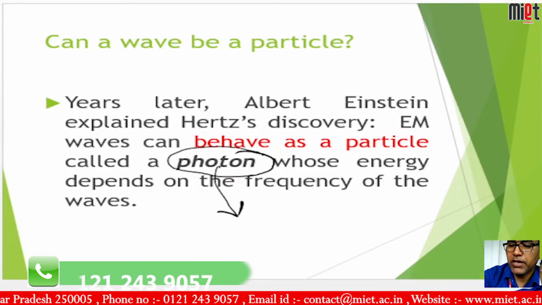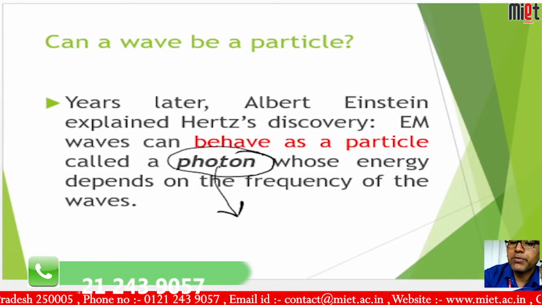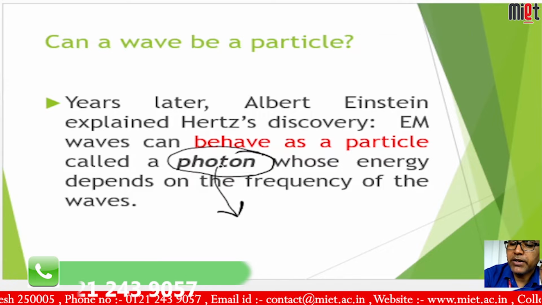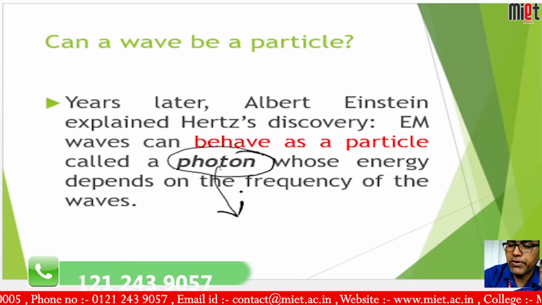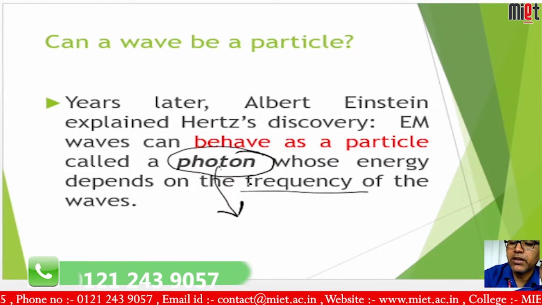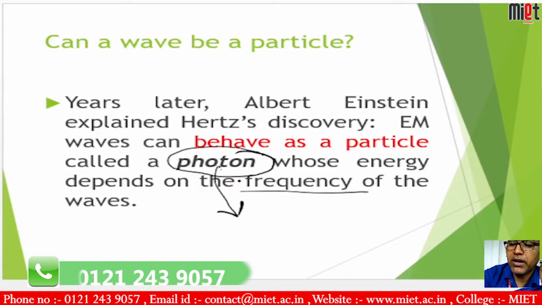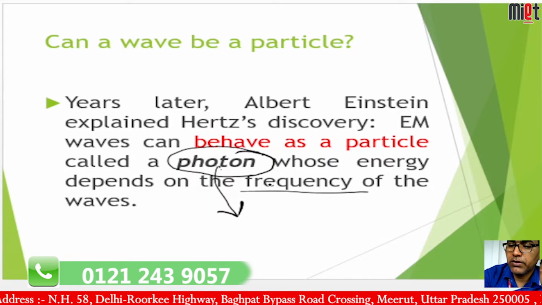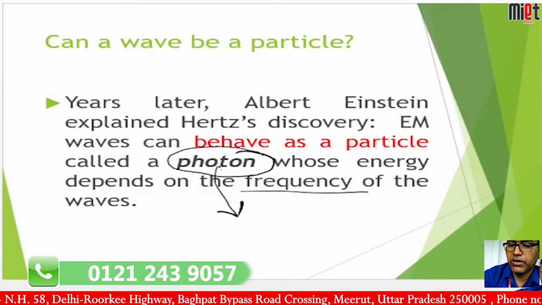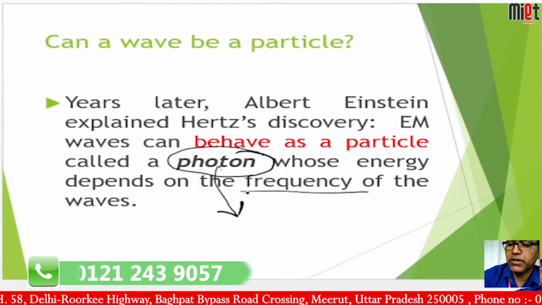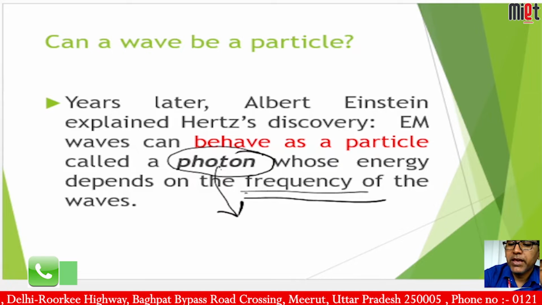Photon was described as a particle by Einstein, and its energy depends upon the frequency. If a higher frequency signal is incident upon the material, the ejected photon will have higher energy, and if a lower frequency electromagnetic wave is incident, the photon energy will be low. So photon energy depends on the frequency of the incident wave.